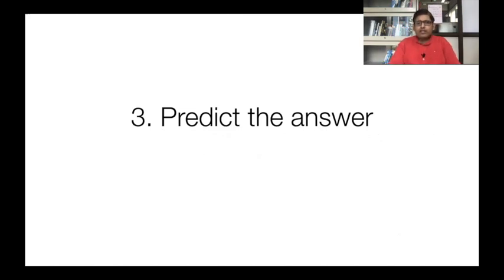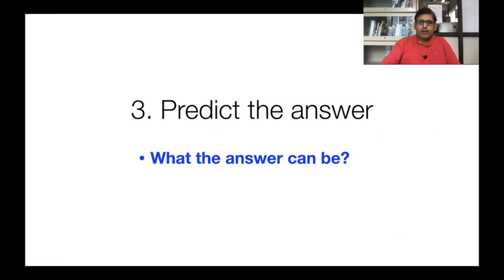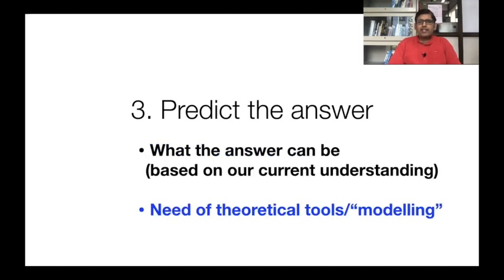And once you have this question, then the third point is you predict the answer. So you have a question which can be experimentally addressed, but before going ahead and doing experiments, you should try to predict the answer. You should ask what the answer can be, given the current knowledge. So here is where you use theoretical tools or modeling.